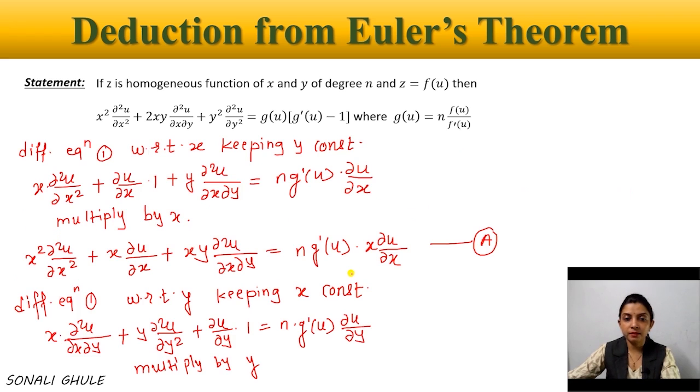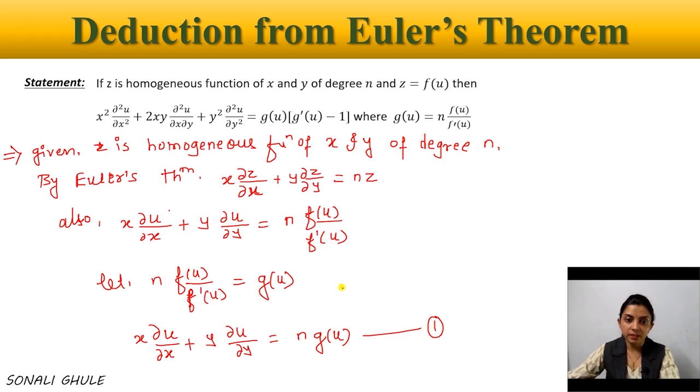Just a minute, I think something is missing. Yes, we have to simply write g(u) only. A little correction is here.